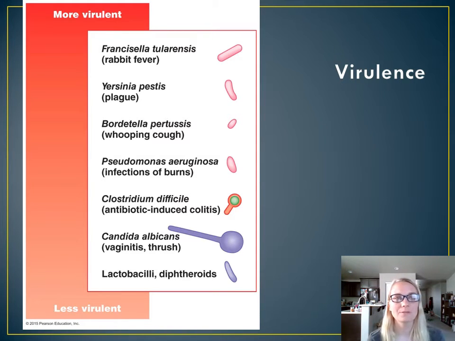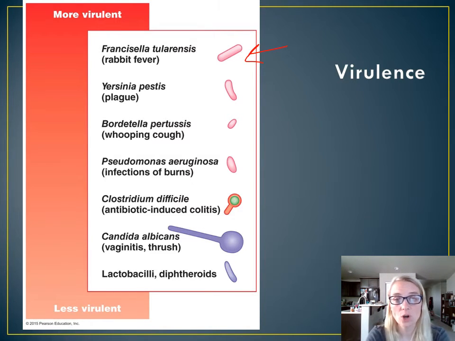So you might have something that can cause disease, but if it doesn't do it very easily, it's very low virulence. Where something can cause disease and it's very easy to make you sick, that has high virulence. For example, the most virulent on this particular chart is a bacteria called Francisella tularensis, which causes what we know as rabbit fever.